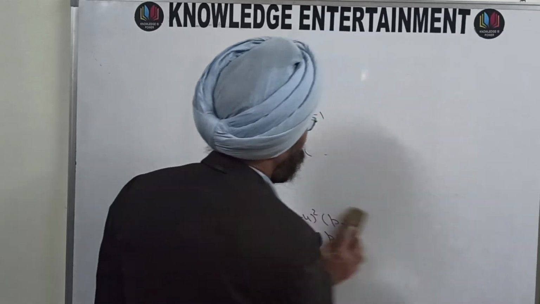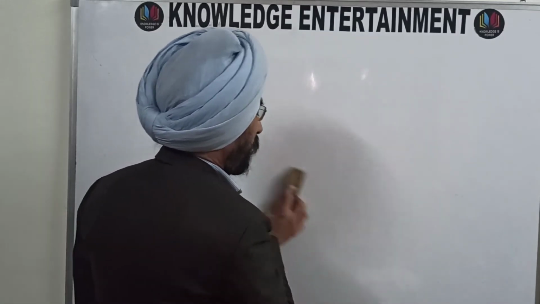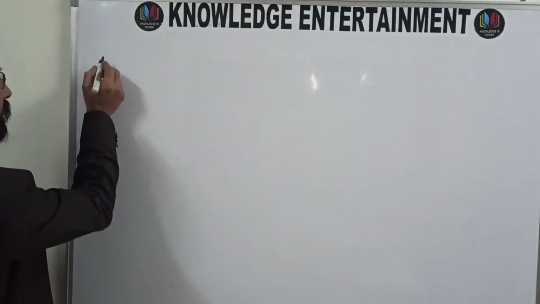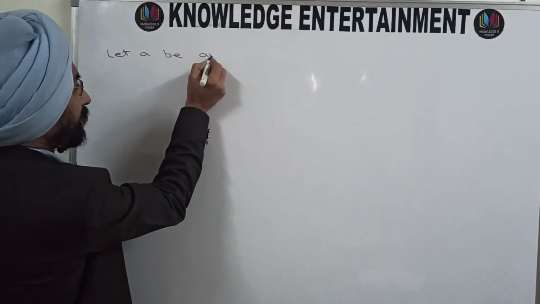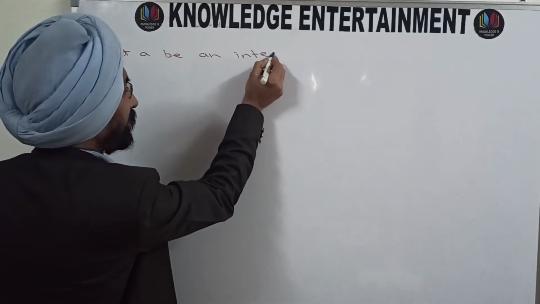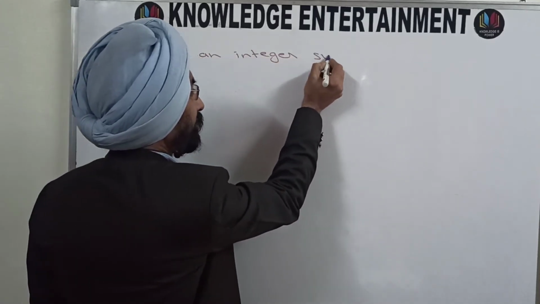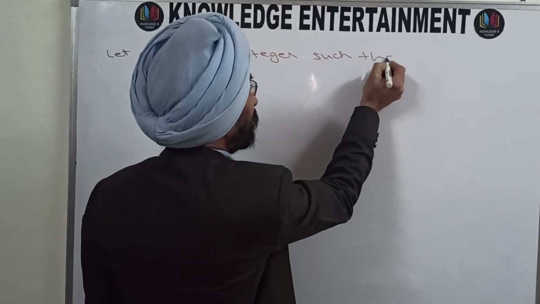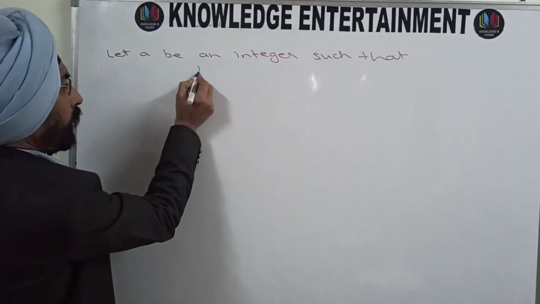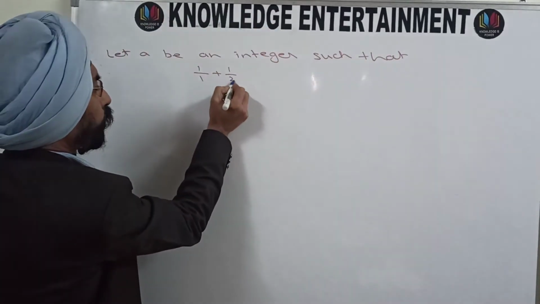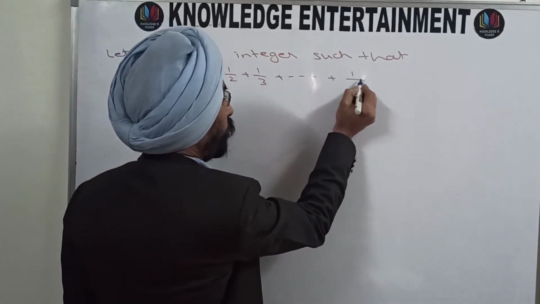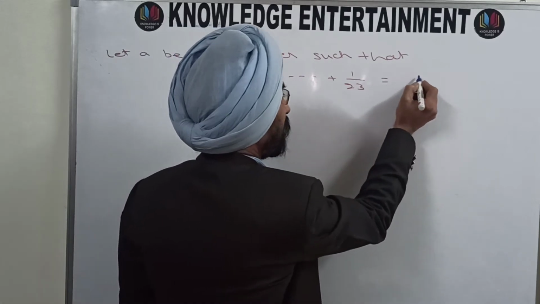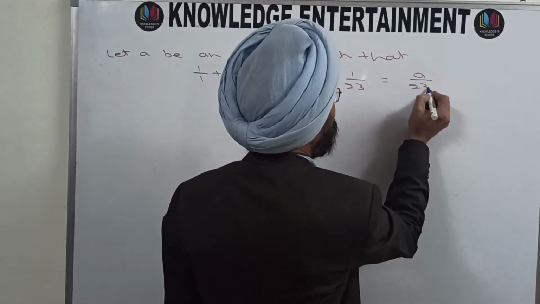So let us have another question, a very interesting question based on Wilson's theorem. Let a be an integer such that 1 upon 1 plus 1 upon 2 plus 1 upon 3 plus and so on plus 1 upon 23 is equal to a upon 23 factorial.